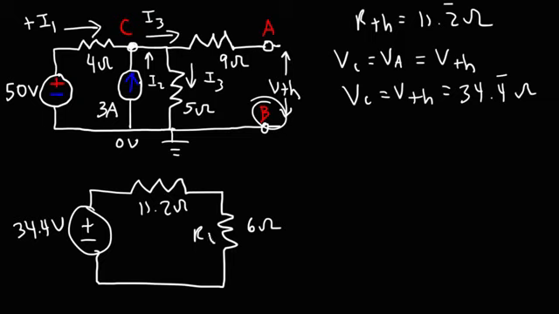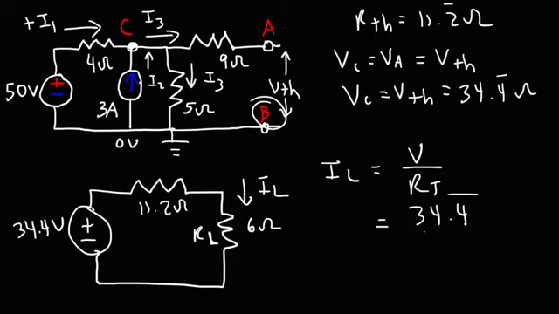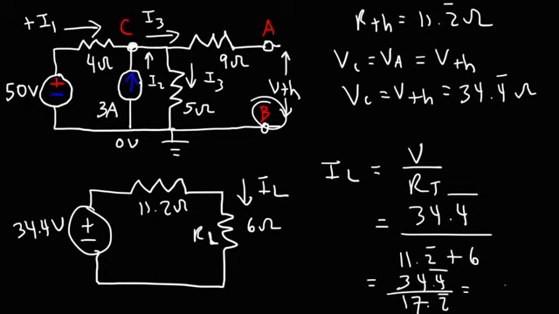So now we can calculate the current flowing through the load resistance. That current is going to be the voltage divided by these two resistors in series. The voltage is 34.4 repeating, and the resistance is 11.2 repeating plus 6. So that's 34.4 repeating over 17.2 repeating, which gives us a current of 2 amps. So that is the current flowing through the load resistor.